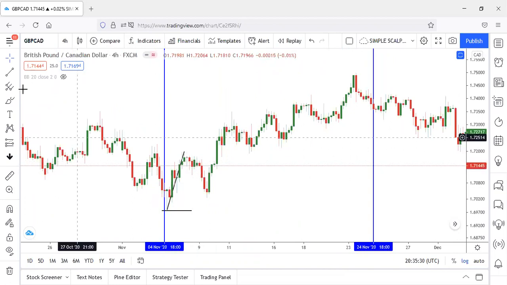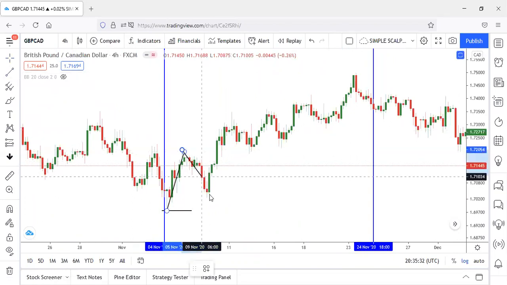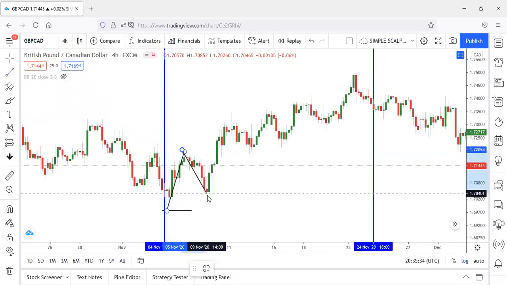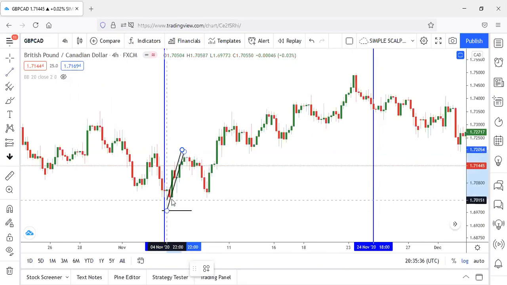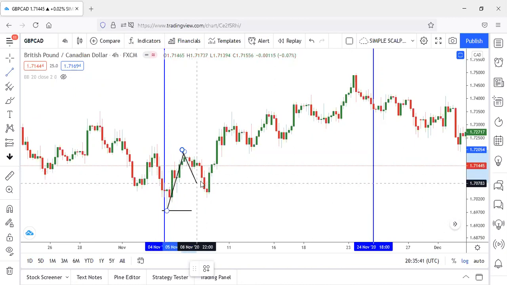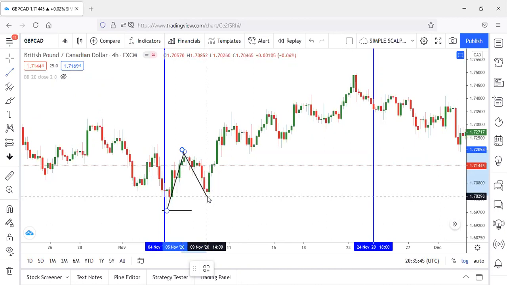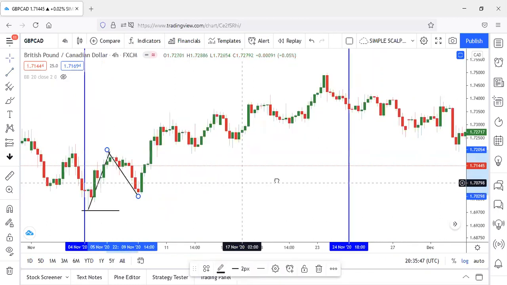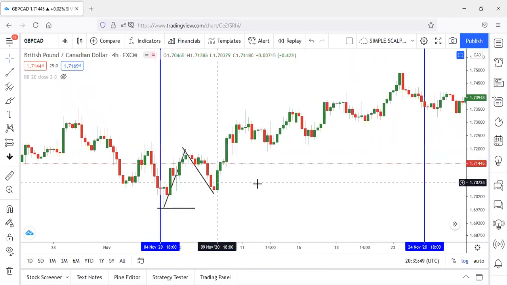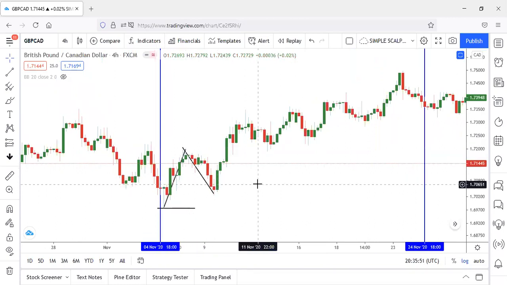No, we have a pullback. Okay, you can see this pullback. No one can tell if it's going to come down to this level or it's going to stop at this level or it's going to be somewhere here. No one can tell. Okay, you can only envisage where price is going to stop through a tool known as Fibonacci level.